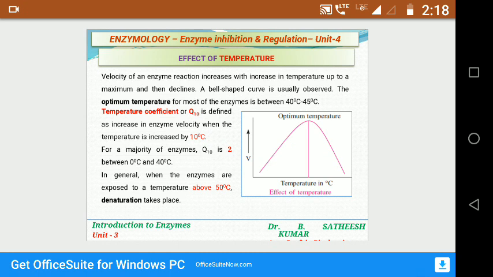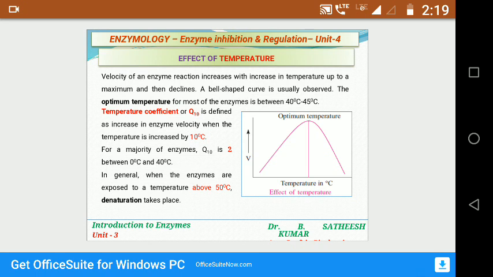But at one particular point, which we call the optimum temperature, any particular enzyme will be at maximum velocity. So each and every enzyme will have one optimum temperature.